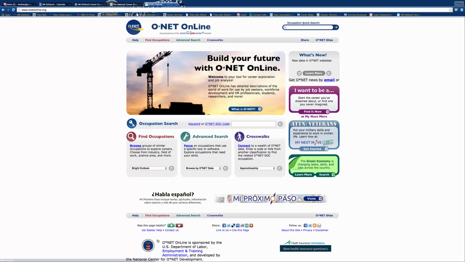It is put together by the U.S. Department of Labor, so you'll see a lot of crossover in terms of resources as well. What you're going to find on ONET Online is, again, occupational research resources. You can find occupations by different groups, clusters, those sorts of things.